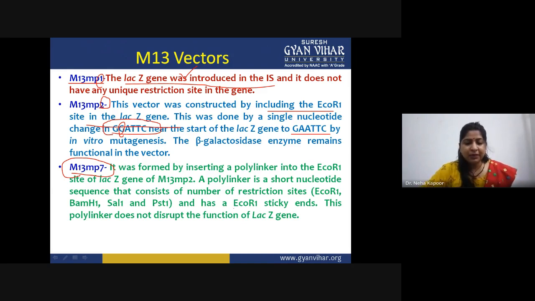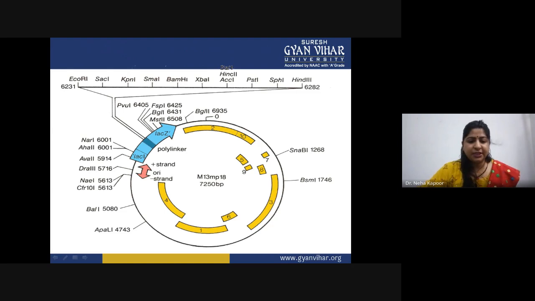A polylinker, as you can see, is a short nucleotide sequence that consists of a number of restriction sites: EcoRI, BamHI, SalI, PstI, and it will have EcoRI sticky ends also. This is the structure of M13 MP18. This is the lacZ region, into which, as you can see, this is the polylinker region.